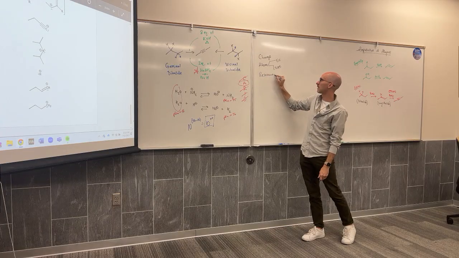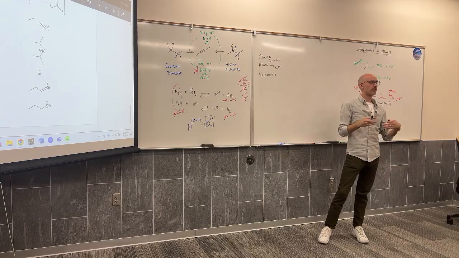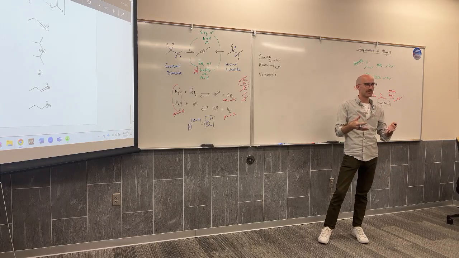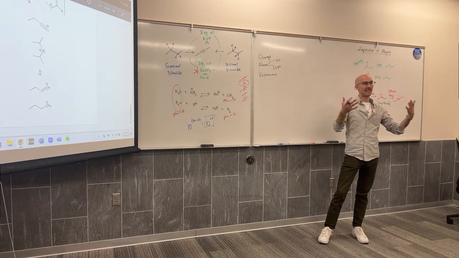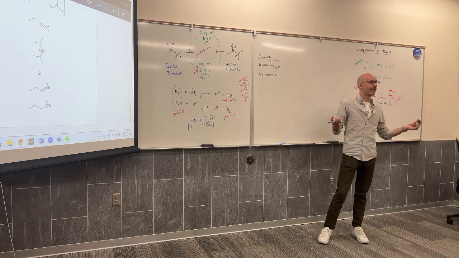Resonance always stabilizes a charge. So if you have a positively charged product, a conjugate acid, and it has resonance, it's less acidic. Or a negatively charged product, a conjugate base, and it has resonance, less basic.